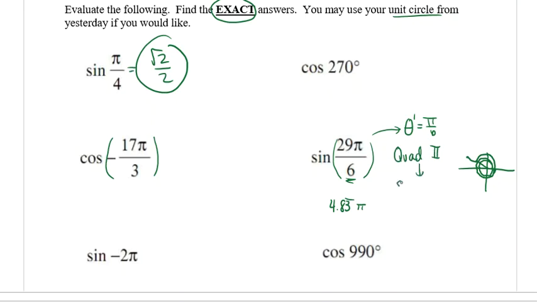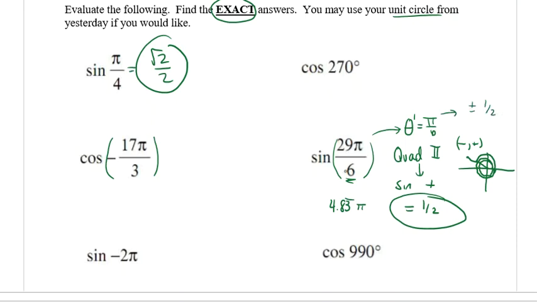In quadrant 2, sine is positive because it's a negative x and a positive y, and sine is the y value. So my answer here is positive 1/2. Just to recap, the over 6 tells me I'm part of the pi over 6 squad, which tells me it's either going to be positive or negative 1/2.